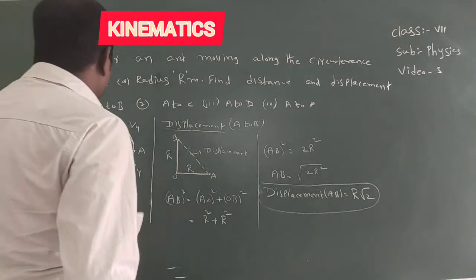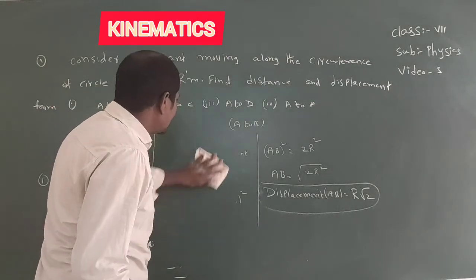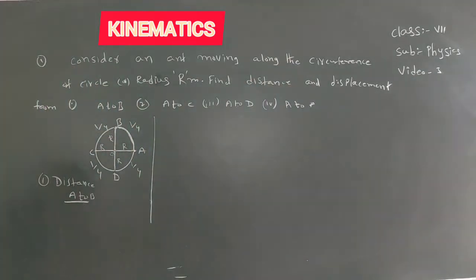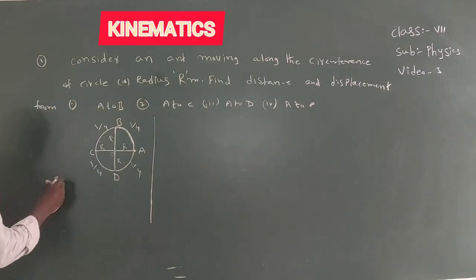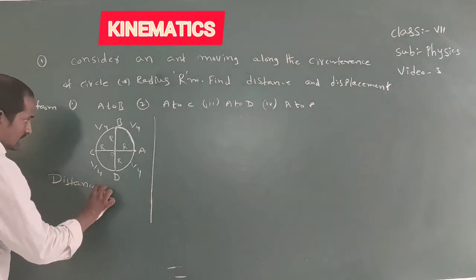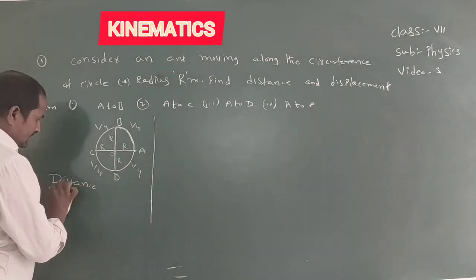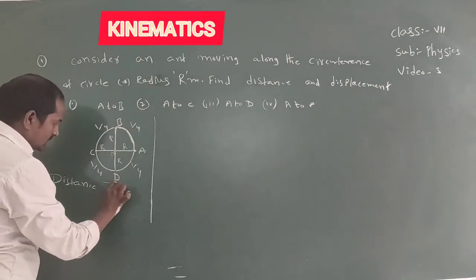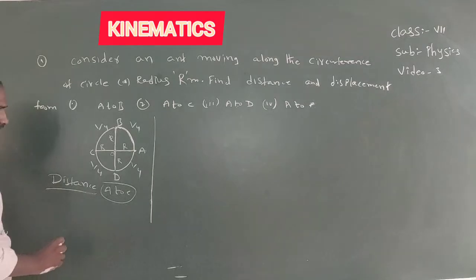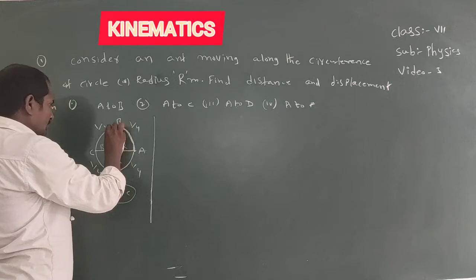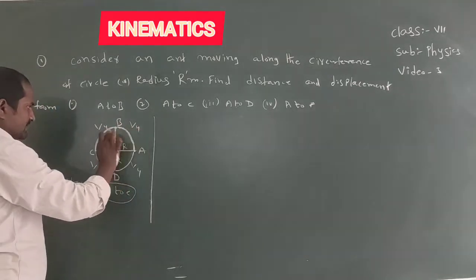Now the body, here the ant, is moving from A to B. Distance, if a body is moving from A to C, so here the body is moving from A to B and B to C. Here 1 by 4 plus here also 1 by 4.